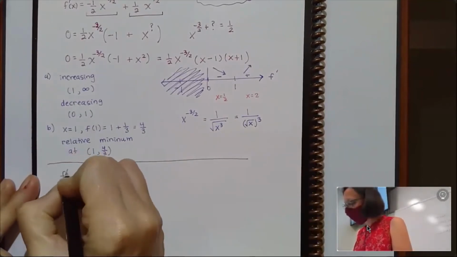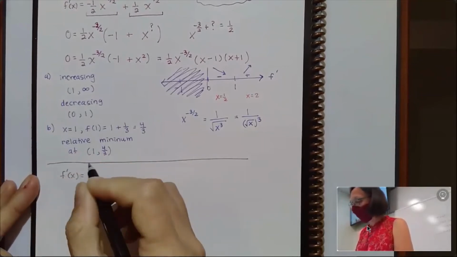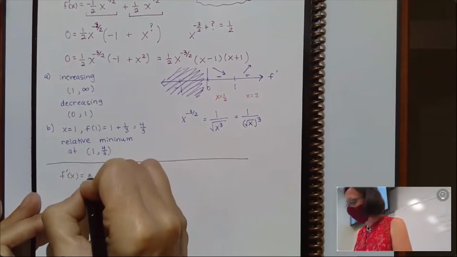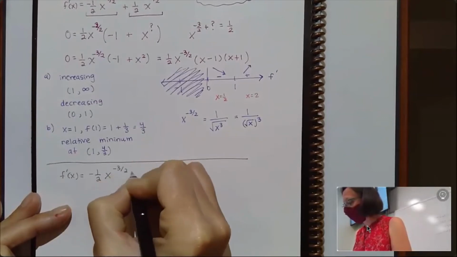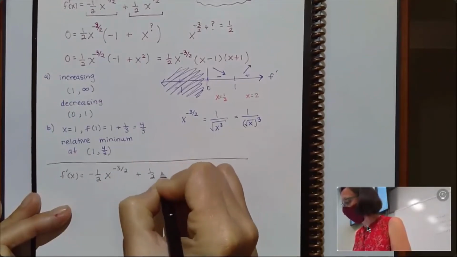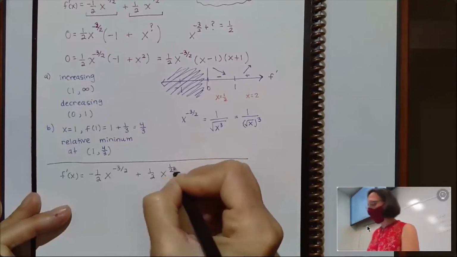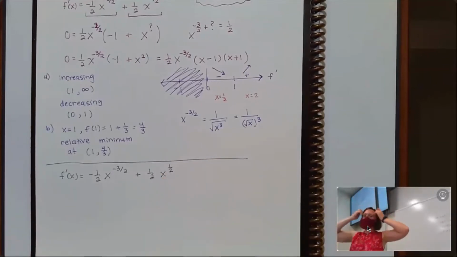And I would think about starting back up with my f prime being -1/2 x to the -3/2 plus 1/2 x to the 1/2. Now, the reason I'm going back all the way to this one is this version doesn't require a product rule.